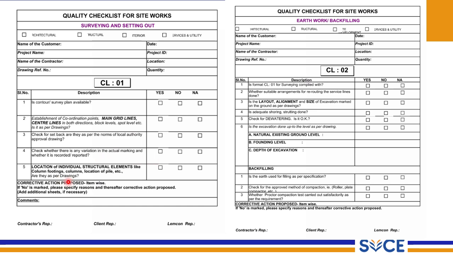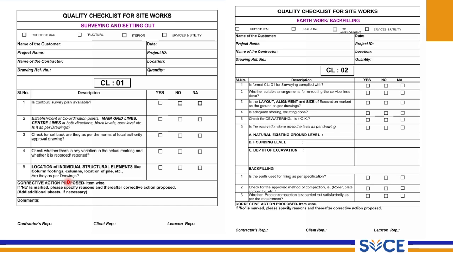Location of individual structural elements like column footings, columns, piles, etc.: are they as per drawings? We need to check each and every aspect of work involved in our project, according to the checklist provided here. We should make sure we cover everything and should not leave anything unchecked while creating a checklist.